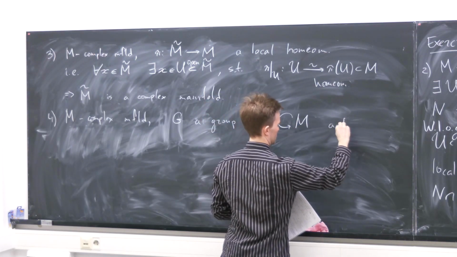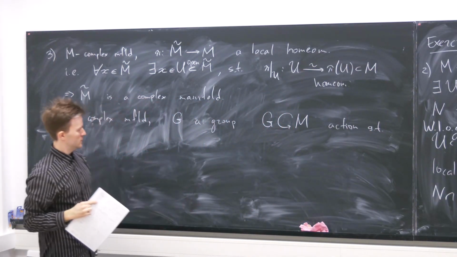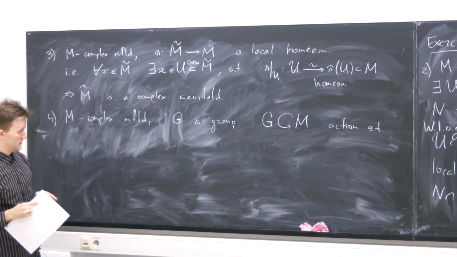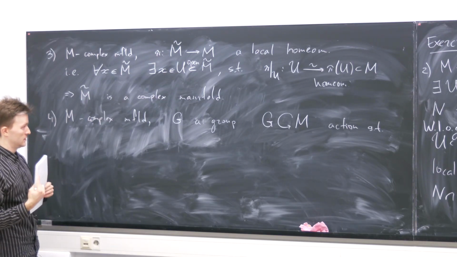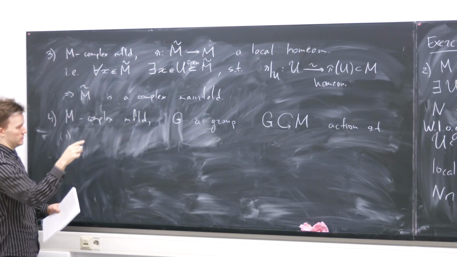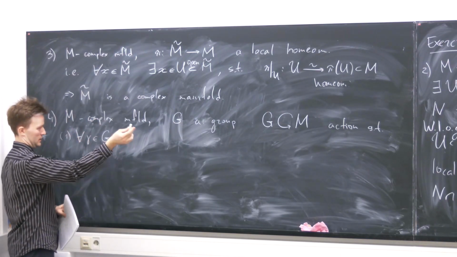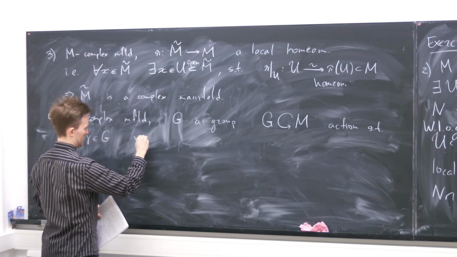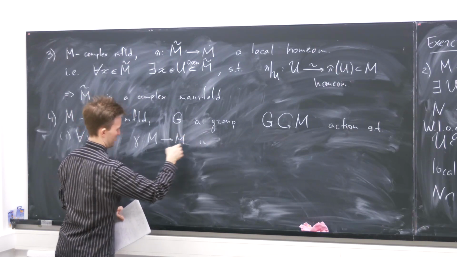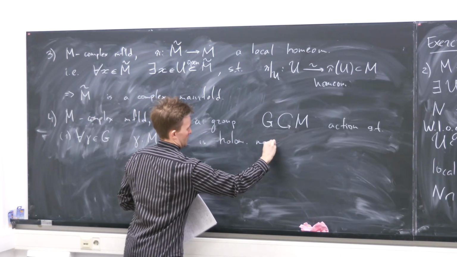Of course, we can always take a quotient, and this will be some topological space, but in order to make sure that the quotient is a complex manifold, we need some non-trivial conditions. First of all, the action should be holomorphic. This means that for any element gamma of this group, the corresponding map from M to itself is a holomorphic map, right?